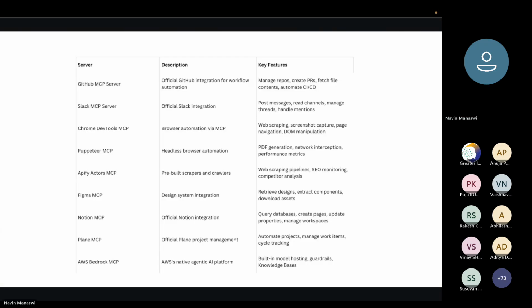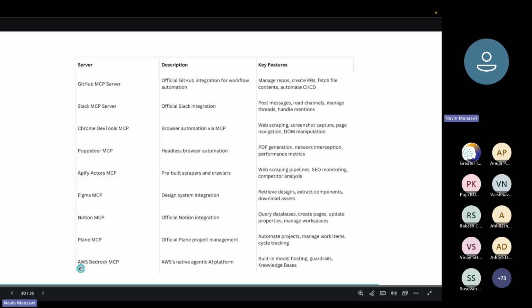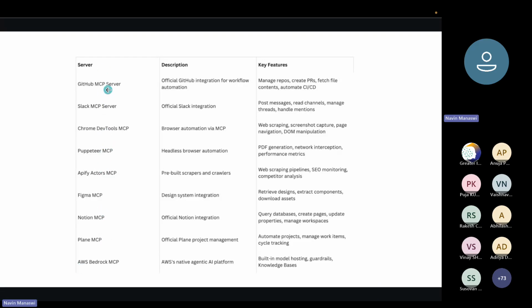Okay. So for example, MCP servers. For MCP servers, we have GitHub MCP servers, we have Slack servers, we have Chrome DevTools, we have Puppeteer, we have Amplify, we have AWS Bedrock, and all of these are MCP servers, and everything has a lot of pros and cons. For example, GitHub manages the repos, creates the PRs, fetches the file content, and automates the CI/CD. Slack MCP manages posting messages, reading channels and so on. And Chrome basically does web scraping from websites and screenshot capture.